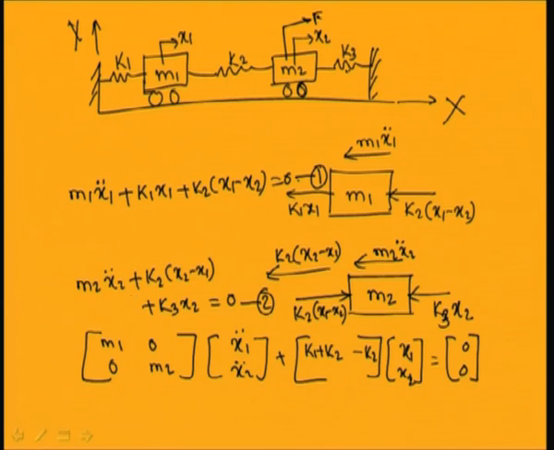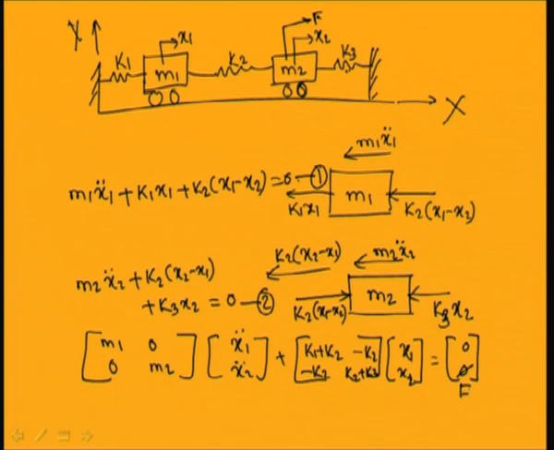Similarly, for the second equation, minus k2 x1, plus k2 x2 and k3 x2, so this becomes k2 plus k3. So your stiffness matrix becomes k1 plus k2, minus k2, minus k2, k2 plus k3, multiplying x1, x2, equal to 0, 0. If a force is acting, this 0 will be replaced by the force F.